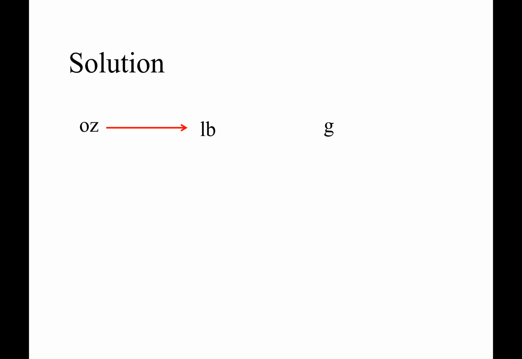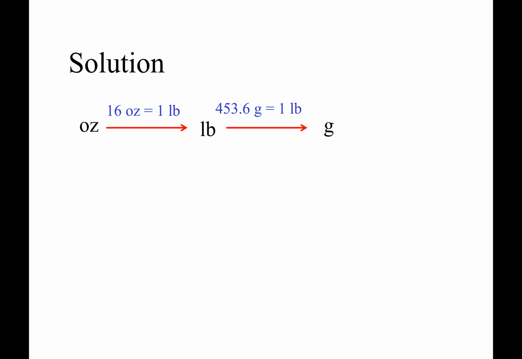And you guys told me 16. 1 pound is equal to 16 ounces. That's going to be our first step. So we're actually going to have the starting term and then 2 steps after that. Is that an exact relationship? 1 pound is equal to 16 ounces? Yes, that's by definition.